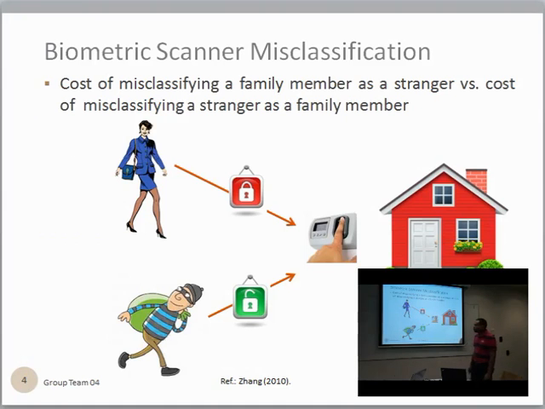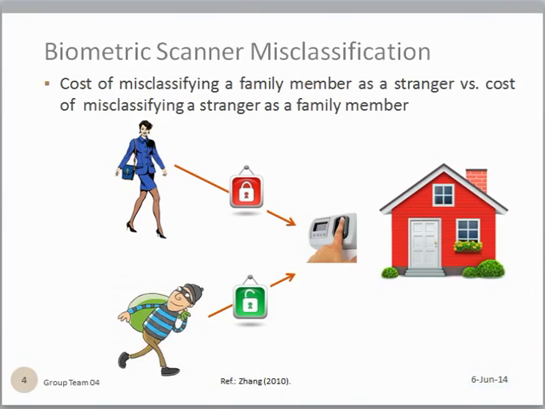The situation is shown in our example: we have a biometric scanner operating as the lock for the door, and within this biometric system there is a classifier. What happens when the classifier learns the faces or the fingerprints of the family members?